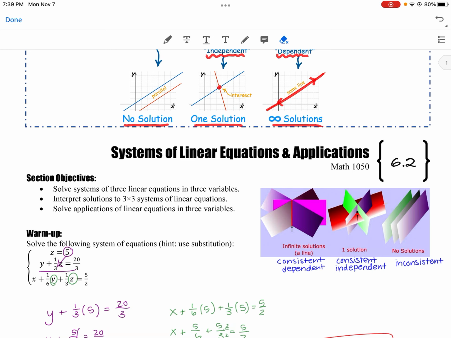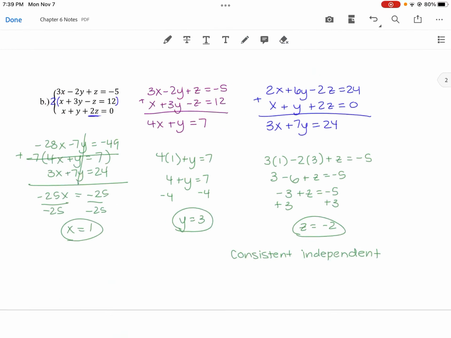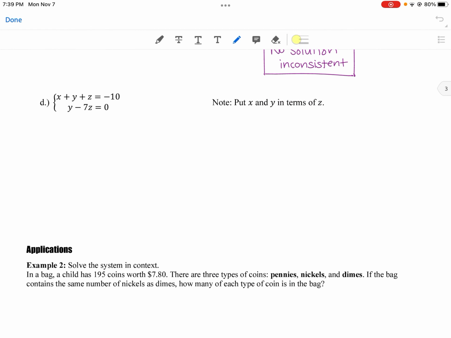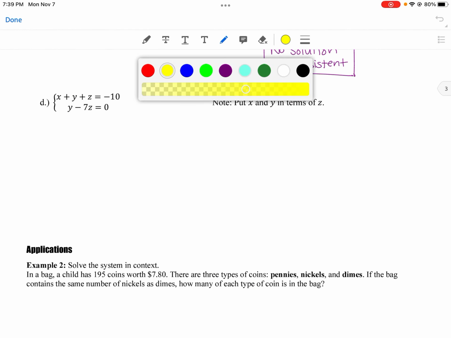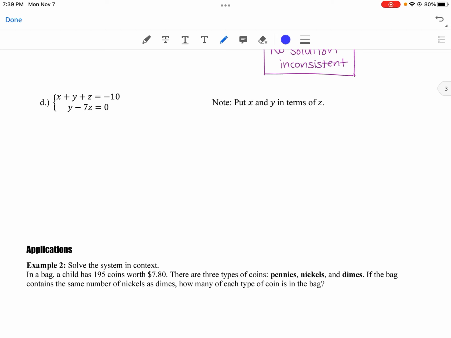But let me show you a little bit algebraically about how that works out. It says, note, put x and y in terms of z. So first of all, if I solve this one for y, if I add the 7z to both sides, do you see how you have y equals 7z? This almost reminds me of substitution. Let's plug that in for y then.